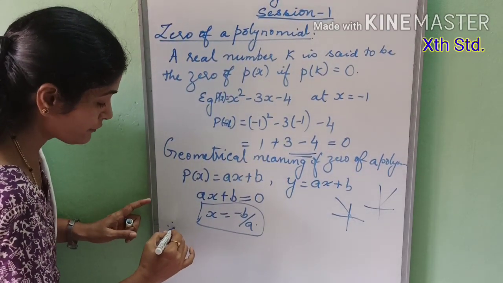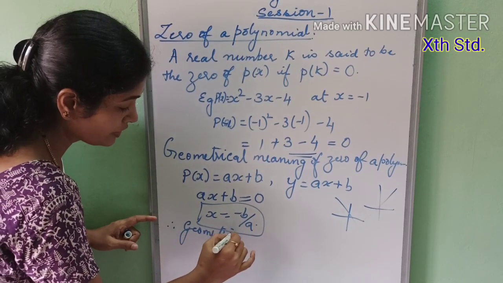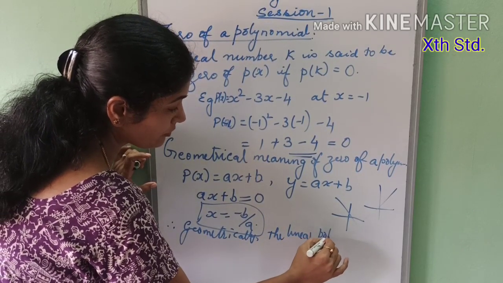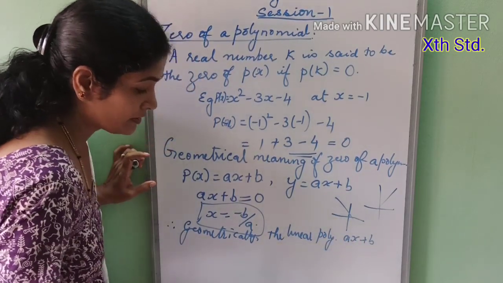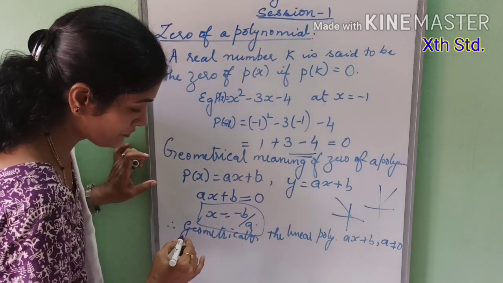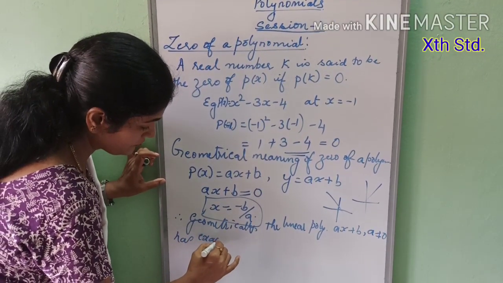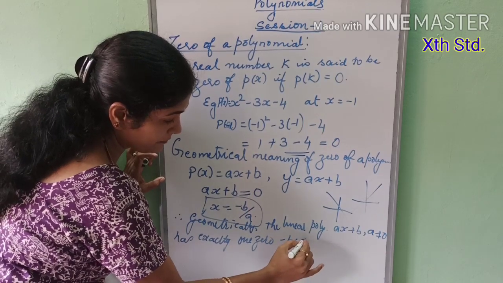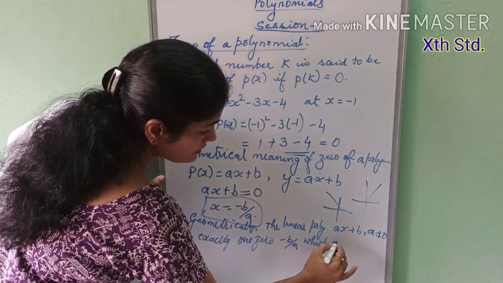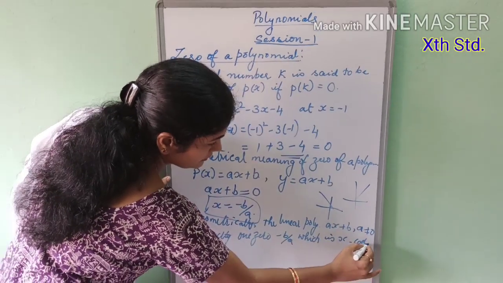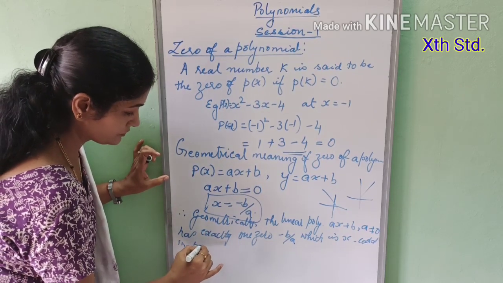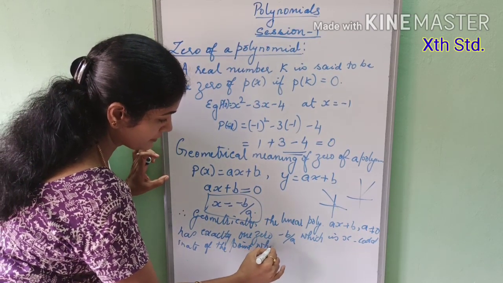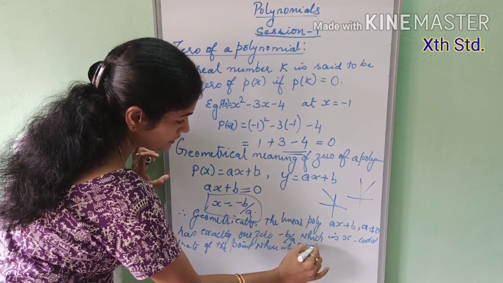Geometrically, the linear polynomial ax plus b, where a not equal to 0, has exactly 1 0, that is minus b by a, which is the x coordinate of the point where its graph meets the x-axis.